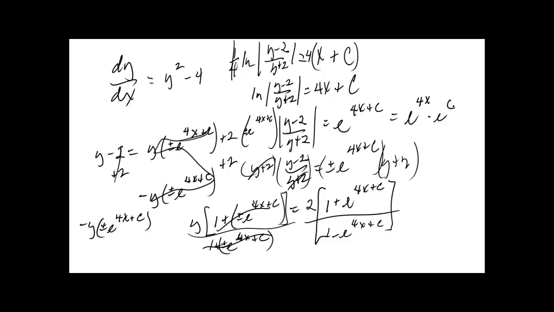E to the c is just a constant, so just move that here and wipe it out there. So that's a c here, a c there, and lose the c's in the other places. With exponents and in a certain sense with logs, you do lose those. Okay.